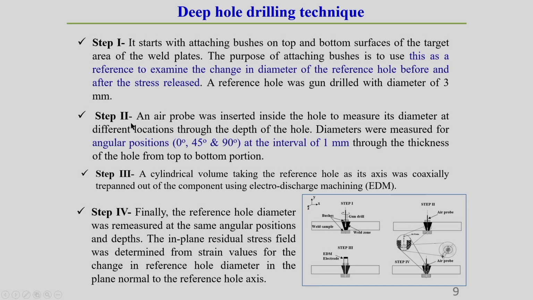Then at a particular position, at different orientations, 0 degree, 45 degree and 90 degree, we measure the dimension using the air probe. After the trepanning operation also we measure the dimension. Finally, we calculate the strain from the difference of this diametral change at different locations. By this we can measure the residual stress through the thickness.